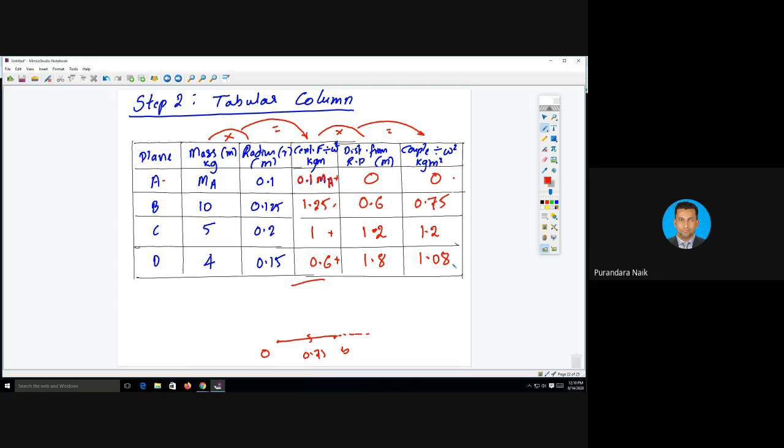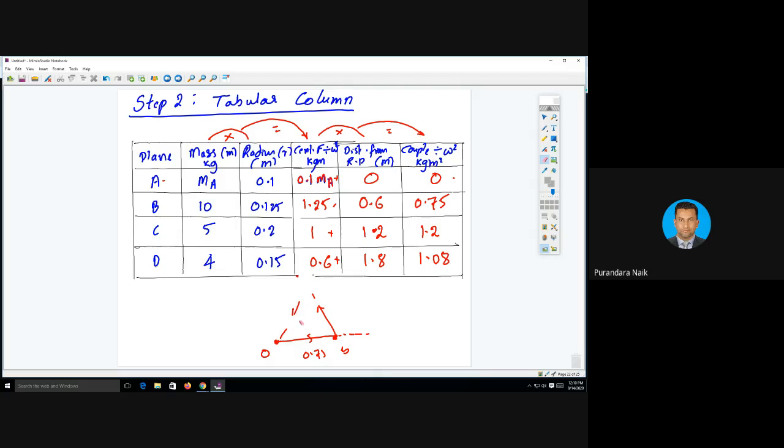Then the last one, D, the magnitude is known, that is 1.08. Take 1.08 in the compass and cut it from this point. It is a triangle with all three edges known and one angle known. Then you can draw the triangle easily. Join this and draw a reference line. This is the angle of C, D. So this is the method to draw the couple polygon.